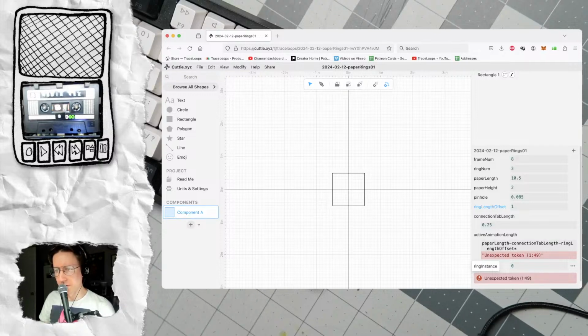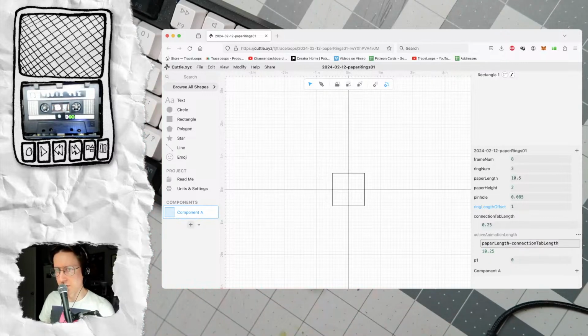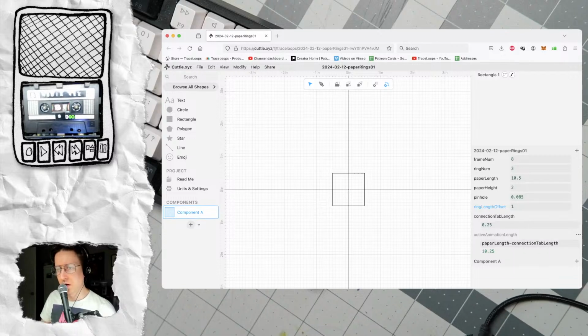Do I need to bury this? You know what? We'll need to come back and add a thing here. So let's delete this parameter.